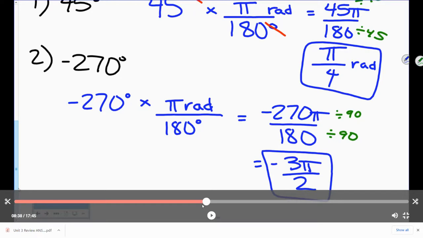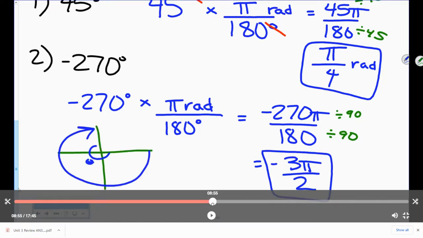So if you have negative degrees, you will also have negative radians. So if you think about our coordinate plane here, that would represent negative 270 degrees. So it's still that measurement of that arc at negative 3 pi over 2. So that negative is still moving it in that direction.